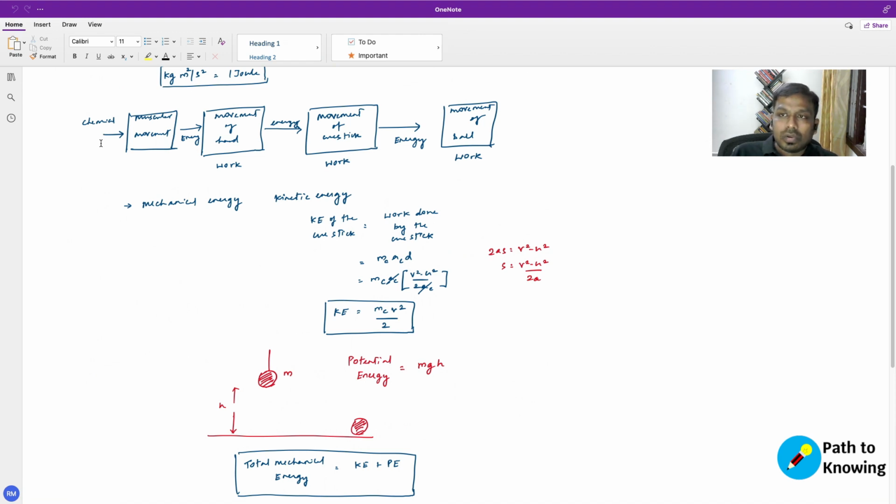So in a sense, your source eventually comes down to the chemical energy from the food that we consume, which is transferred and helps our muscles do that work.